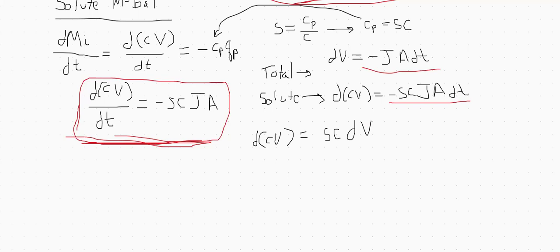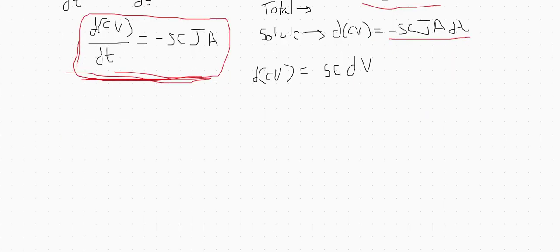Now, I guess I'm forgetting what the terminology is for this, but we can essentially write out what this derivative of CV is. So both the volume and the concentration are changing over time.